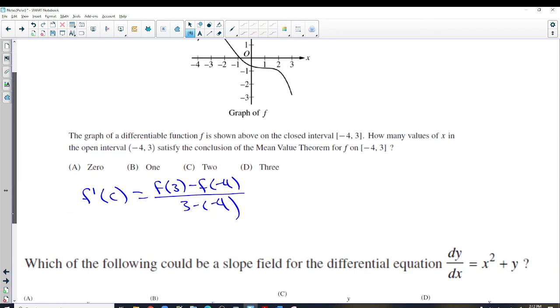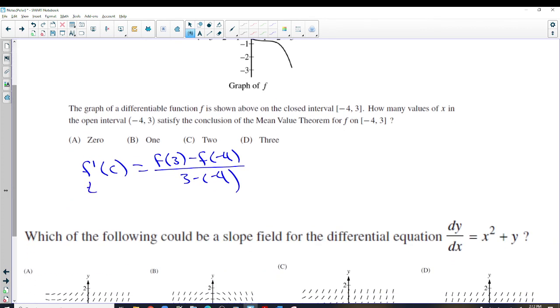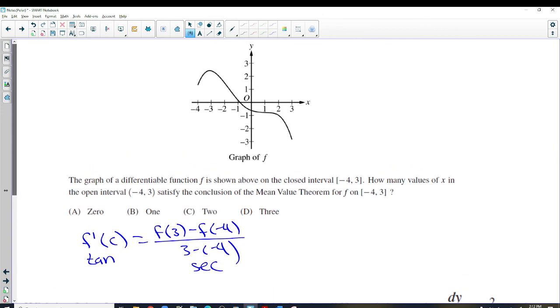But if we think about what derivative is, this is the slope of the tangent line, and this is the slope of the secant line graphically. So if you went f of 3 minus f of -4 over 3 minus -4, you're finding the slope of that secant line. That's old-fashioned slope between these 2 points. Well, this is slope of the tangent line.